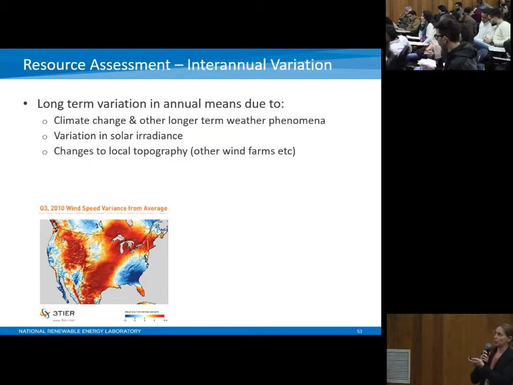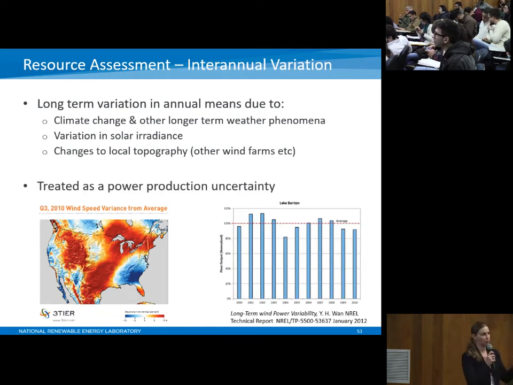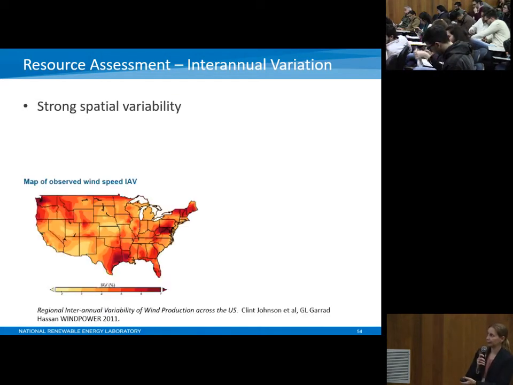So there's inter-annual variation in your wind resource, and that's a much more advanced feature of resource assessment that people doing this in practice try to investigate and correct for. Typically they add uncertainty to their resource estimate to account for this inter-annual variation, which is very difficult to quantify accurately. And that also varies spatially.